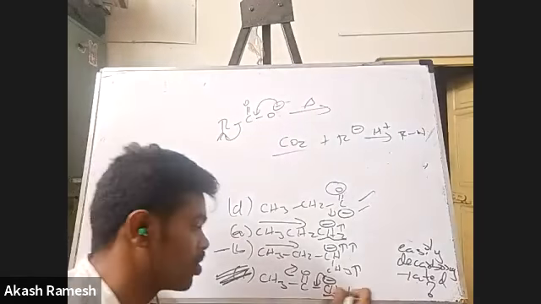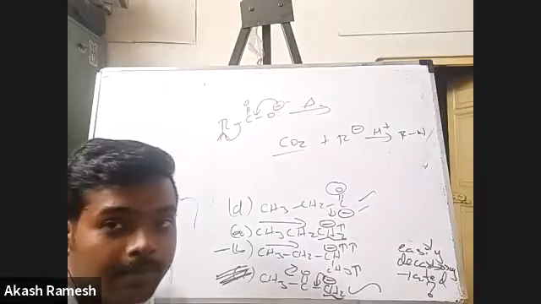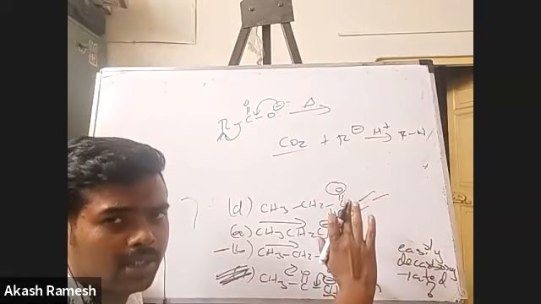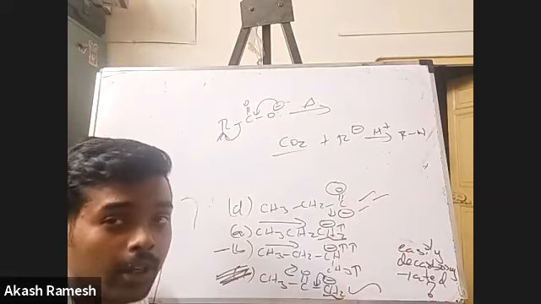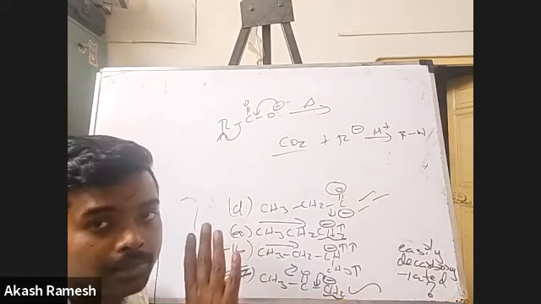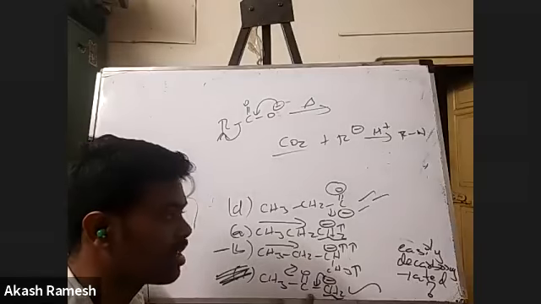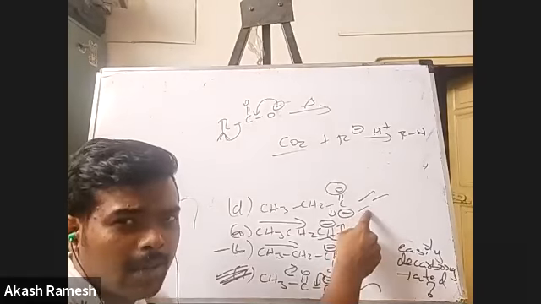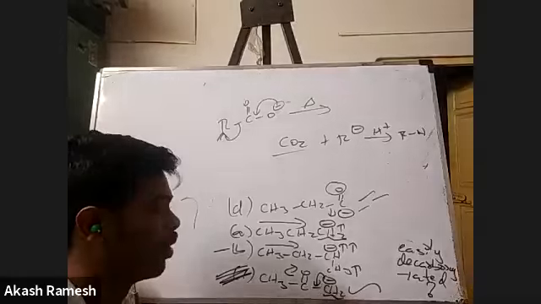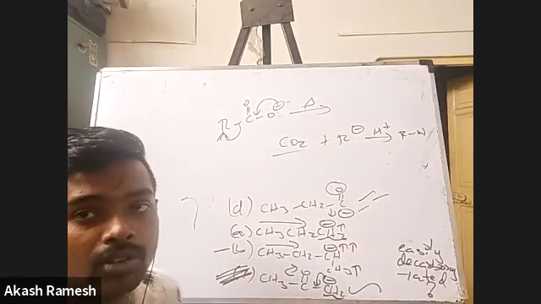So the answer to this question is this only. This is also stabilized, but not by resonance, just by inductive effect. I told you, when you have competition between inductive effect and resonance, resonance always wins. So in this case it is resonance stabilized, and this is inductively stabilized. So definitely this is the most stable carbanion among these four. So C will be the answer to this question.